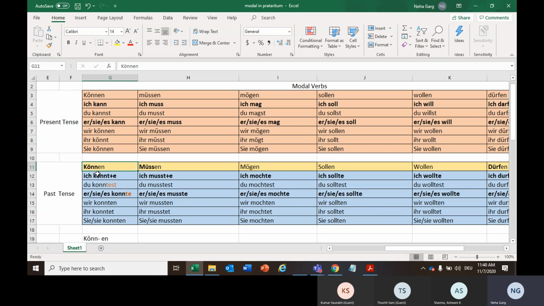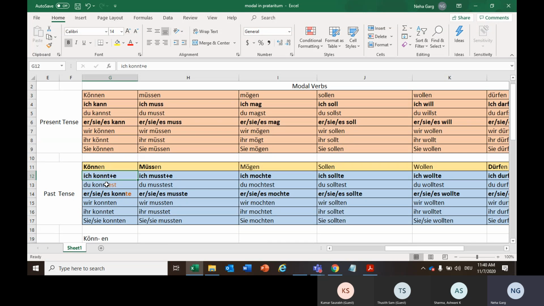Können, our stem word is können. In past tense, we usually remove the umlaut and then we add an extra t, because we are talking about past tense, plus e, the way we conjugate any verb with ich. So that will become ich konnte. Here it was ich kann, aber here ich konnte.